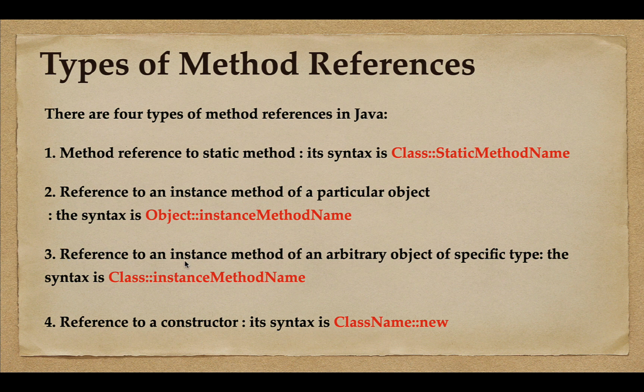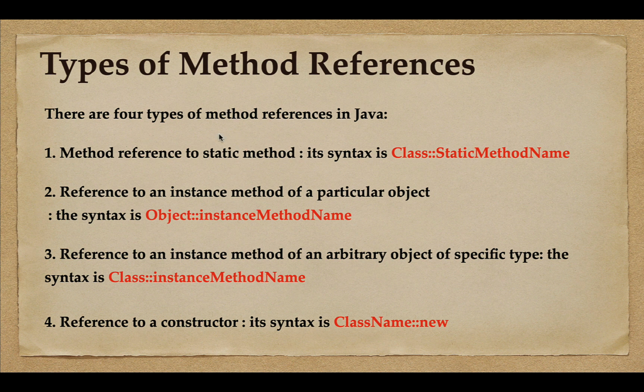Third is a reference to an instance method of an arbitrary object of a specific type, and this is the syntax. Fourth is a reference to a constructor, and the syntax is class name, double colon, new. Don't worry, I will explain these four types with an example, so you will easily be able to understand the types of method references.